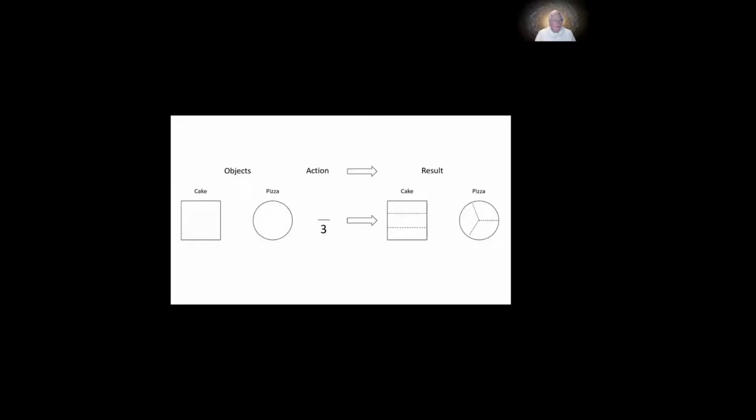So in looking at this, what we see is that we have a cake and we have a pizza over here. We are going to act upon those, and the action we perform is "share with 3."